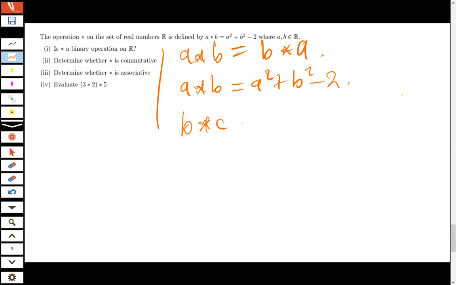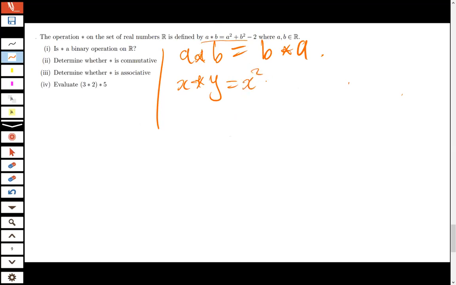So B star A is simply just going to be, while there is A there, we put, okay, for simplicity's sake, let me use different letters. I'll use X and Y so that at least you can understand properly. Okay, so let's find X star Y using this expression, which is in terms of A and B. So X star Y will simply just be X squared plus Y squared minus 2. And then if we find Y star X, it will simply just be Y squared plus X squared minus 2.